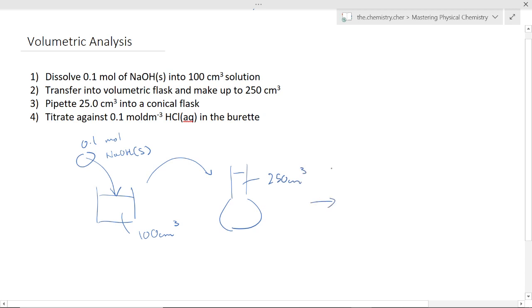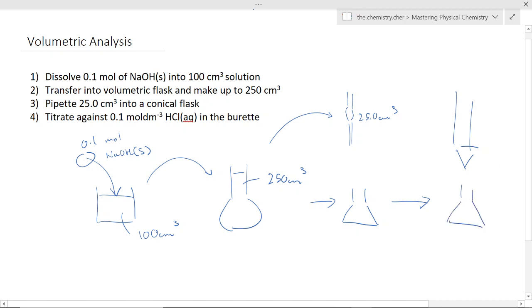After which I'm going to pipette out 25.0 cm³ into a conical flask. And finally I'm going to do my titration onto the conical flask, and this concentration is 0.1 mol per dm³ HCl.